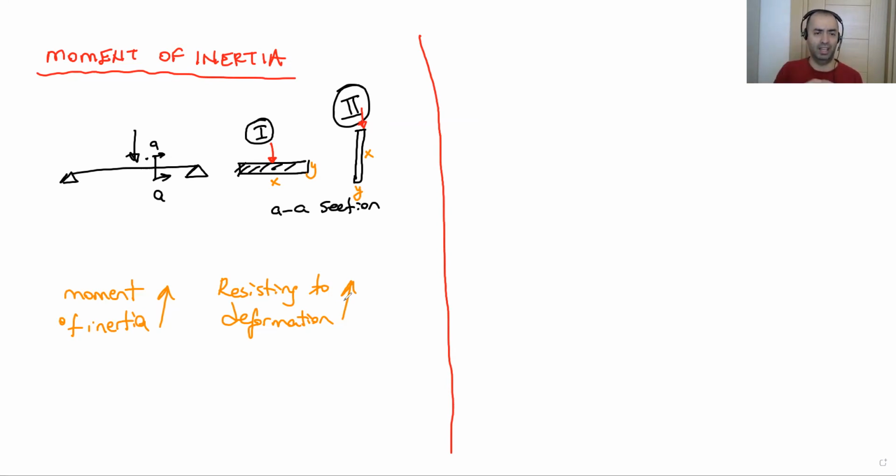Very large deformations are not good for a structure. So this moment of inertia is a sectional property which represents the section's resistance to deformation. So today we're going to learn how to calculate it.